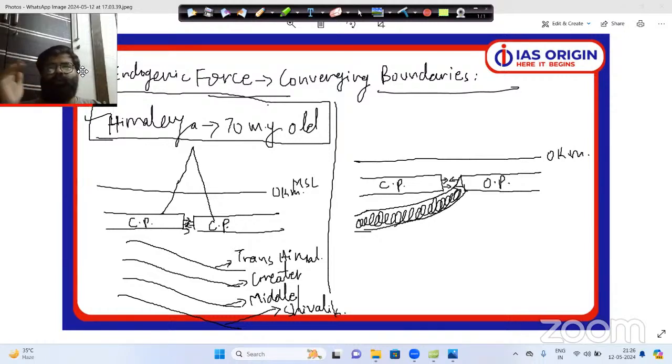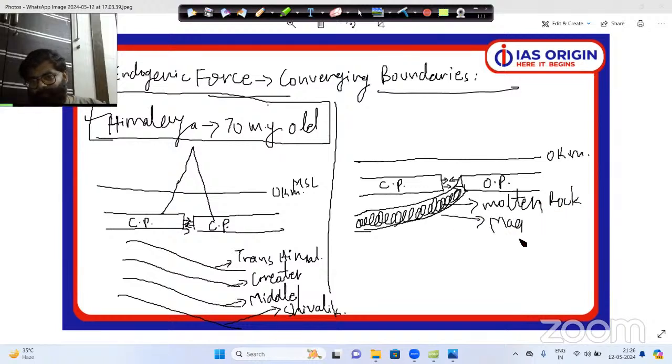Number two, when this oceanic plate is submerging under the continental plate, the weight or pressure which the continental plate puts over the oceanic plate also increases the temperature of the oceanic plate minerals. And finally, these minerals of the oceanic plate are converted into molten rock. And when they are converted into molten rock, they are known as magma.